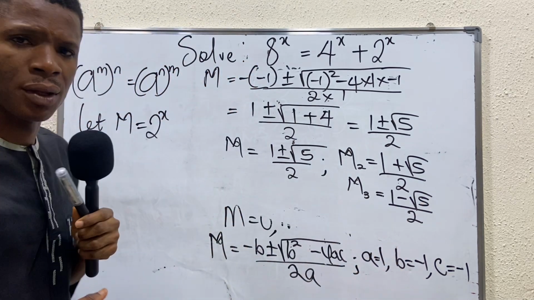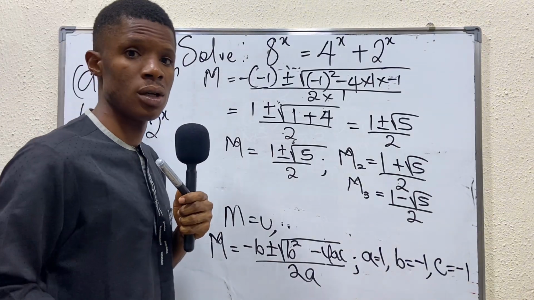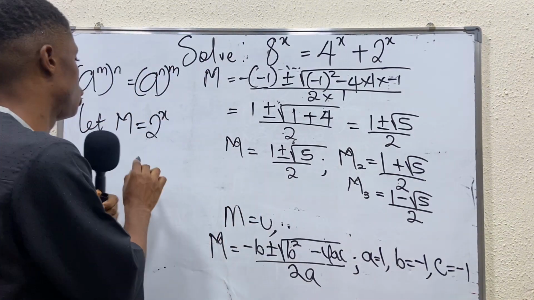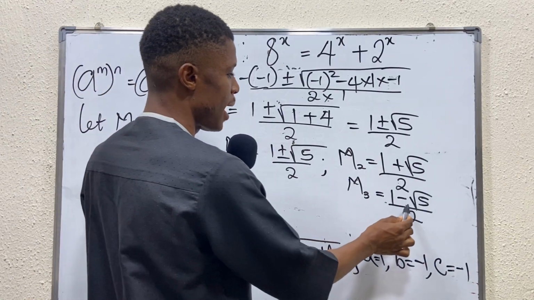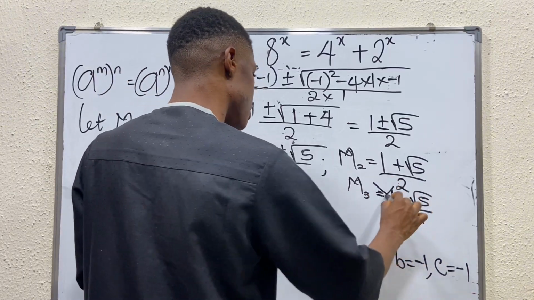But one thing we know is that our m is actually 2 to the power of x. But here, 1 minus root 5 is giving us a negative number. So we won't take this particular solution.